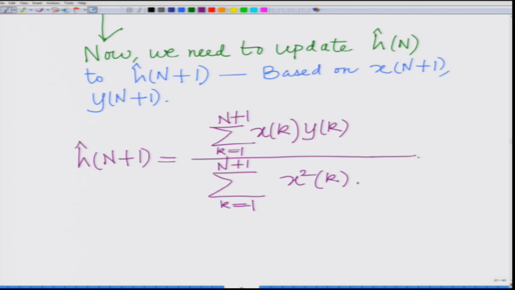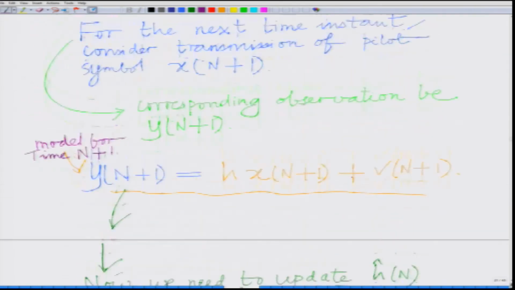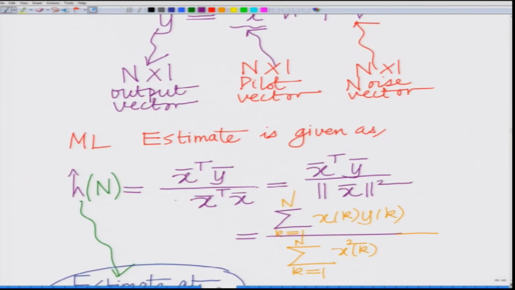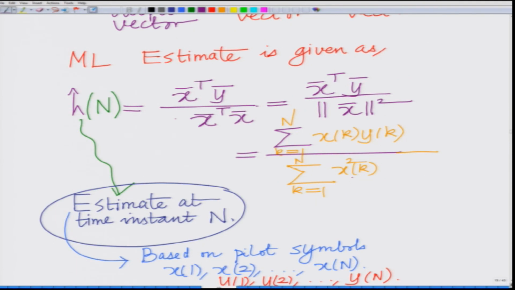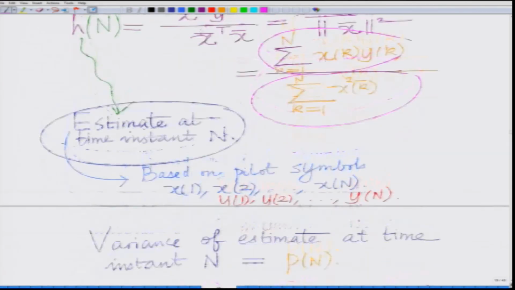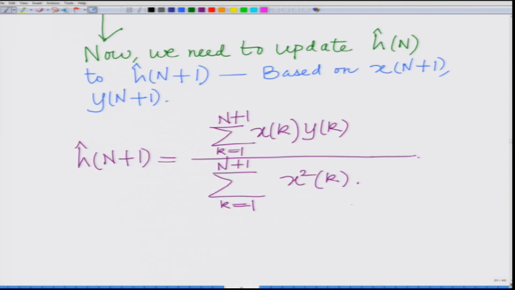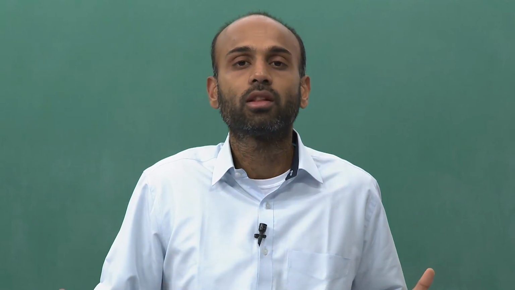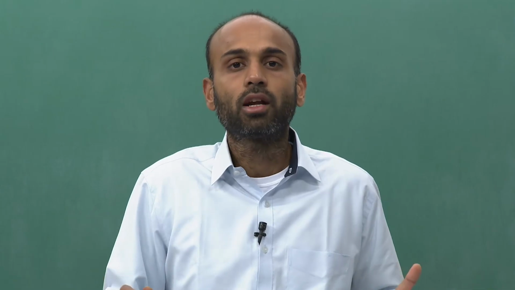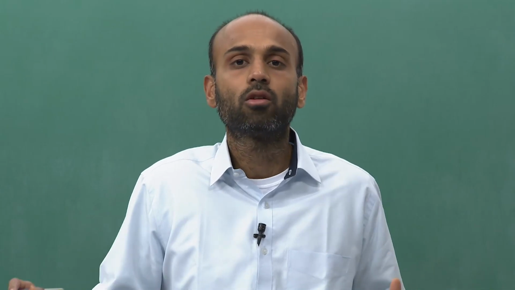This is very similar to what we wrote at time instant n, the summation over k equal to 1 to n of x of k y of k divided by the summation of x square of k. All we are doing at time instant n plus 1 is changing the limit on the summation to n plus 1, that is, including n plus 1 transmitted pilot symbols and n plus 1 received output symbols.